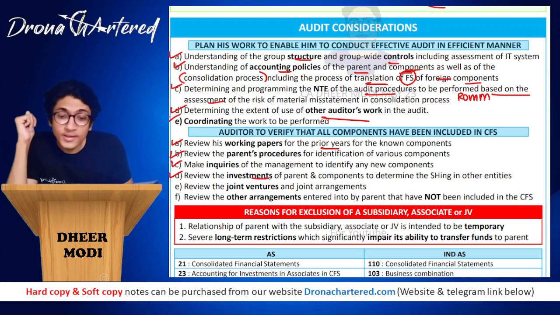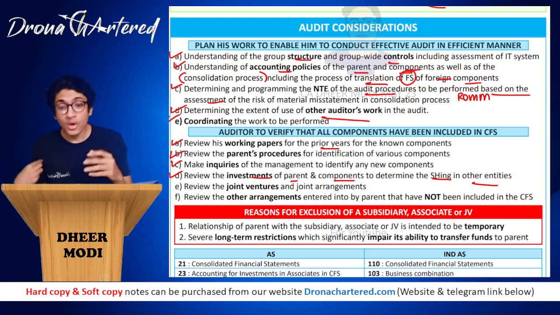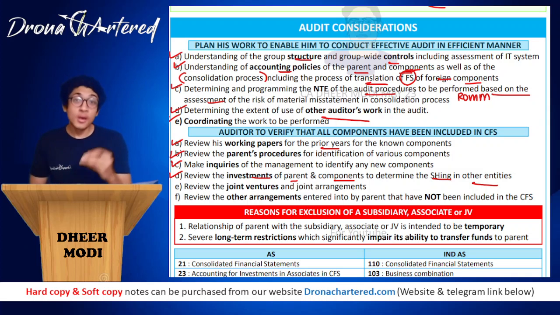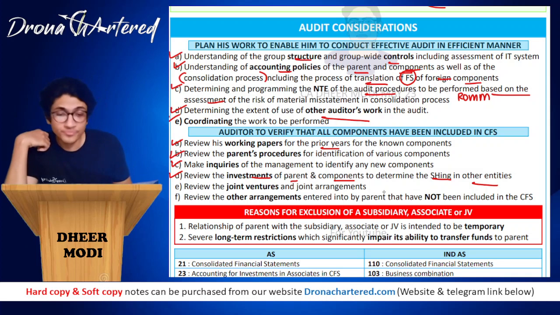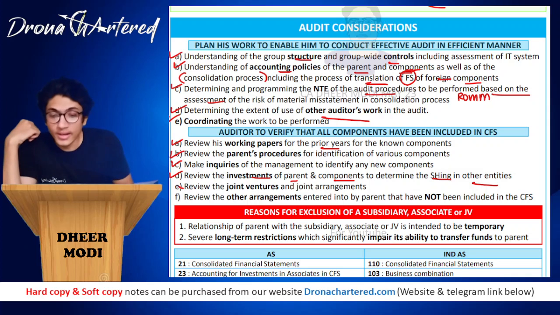Review the investments of parent and components to determine shareholding in other entities. You do not have to just check the investments of the parent, because your parent might invest in the share capital of some companies, but your components might also invest in another company. Then you will have to consolidate them. So you have to check investments of both parent and component to determine the shareholding in other entities.